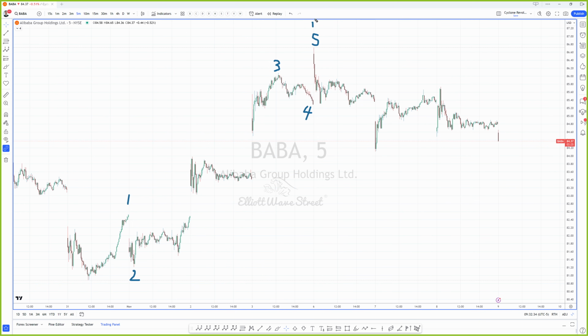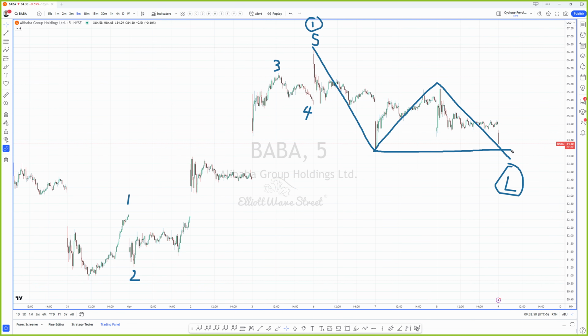Let's say that this is a wave 1, or any number, because we are here on the lower time frame, so it's fine. And this will be the wave 2 that is in progress. So we already have our first leg down, our second leg, and we are in the third leg down. Right? So we need to have the price to come down here.